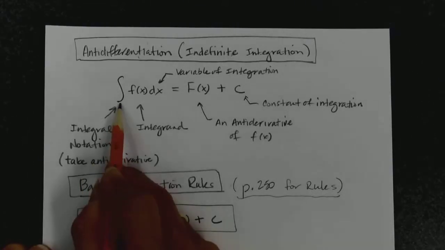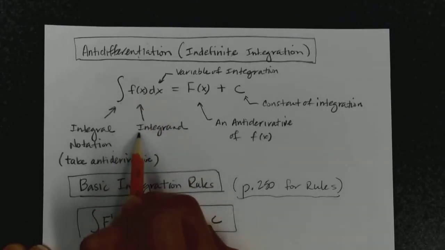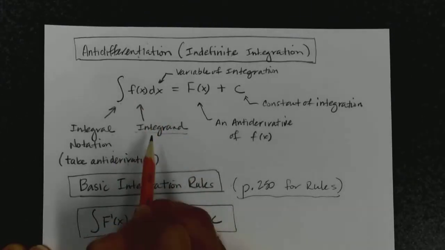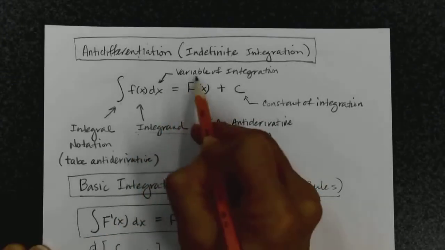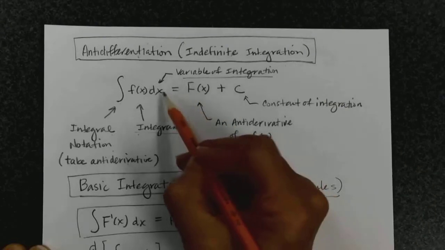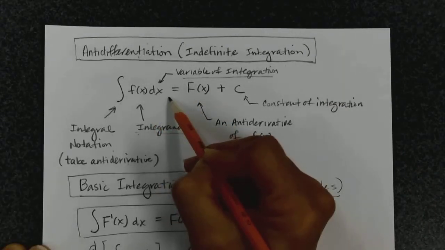So I would normally say take the integral of f of x with respect to x, f of x dx. f of x is the function that you're taking the antiderivative of. It's called the integrand, and dx represents the variable of integration. That means that you're taking the integral of f of x in terms of x.